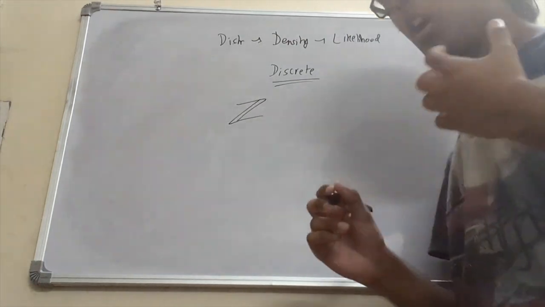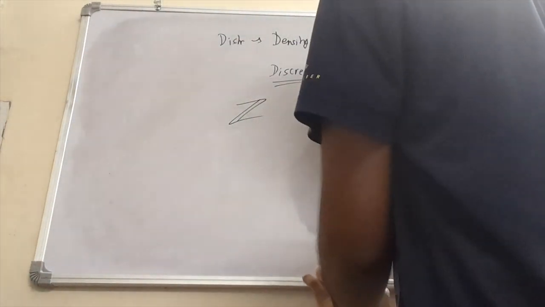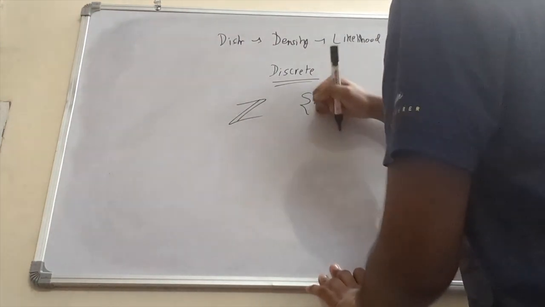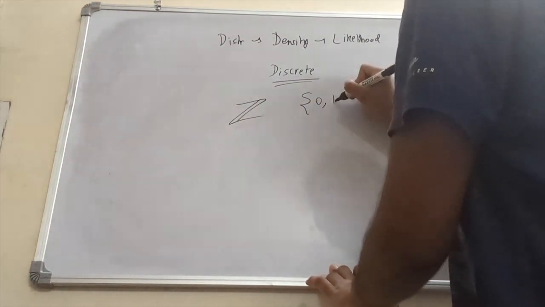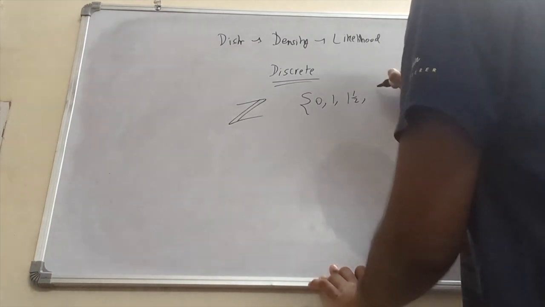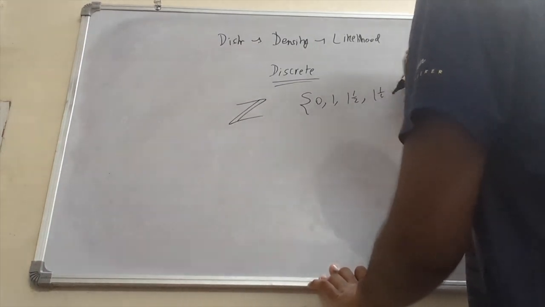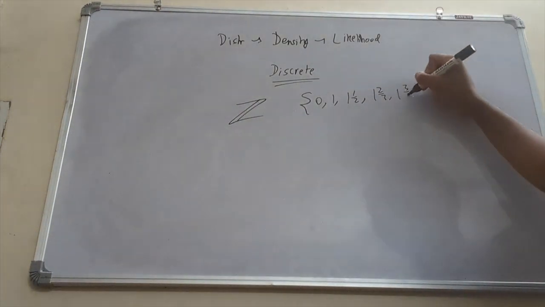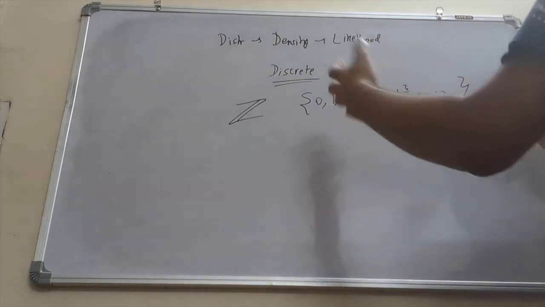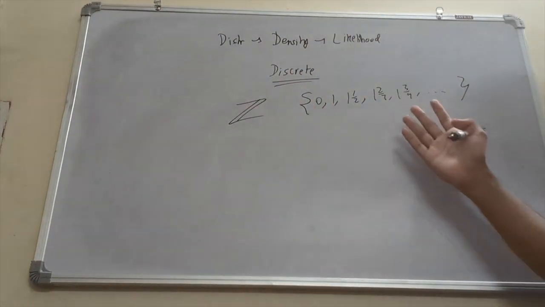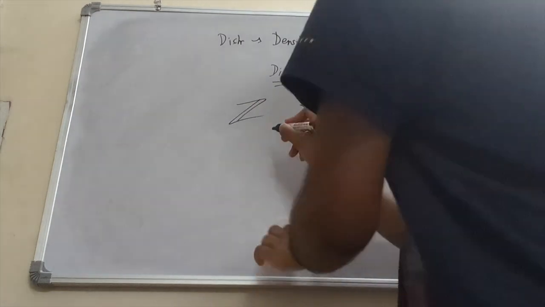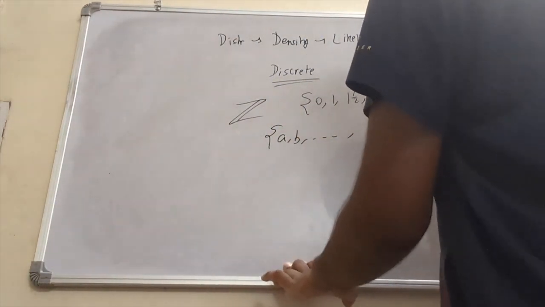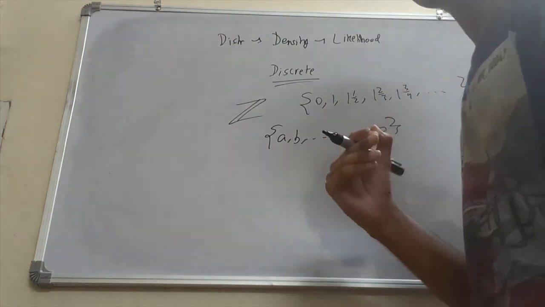Or let us say our sample space consists of 0, 1, 1.5, 2/3, 3/4, and so on, just any discrete set. Or a, b, and so on till infinity, or basically any countable set.